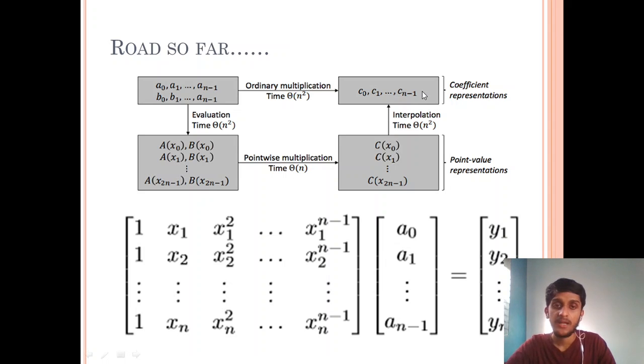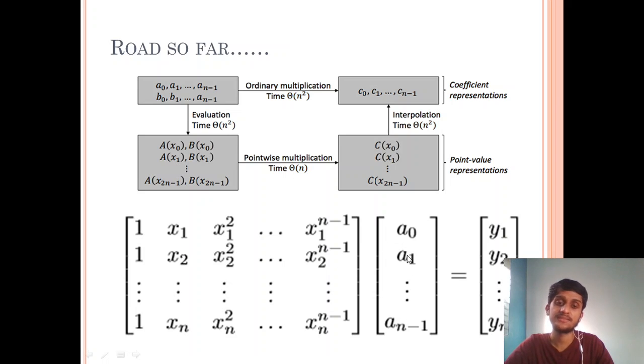For evaluation, we can form a Vandermonde matrix of m values. So for evaluation we require m points, and we would be forming a matrix of m such x values, and we can compute it.